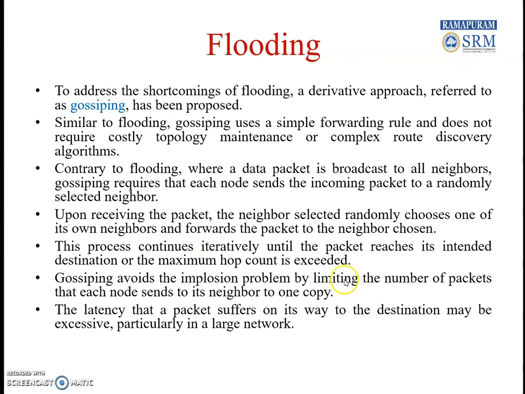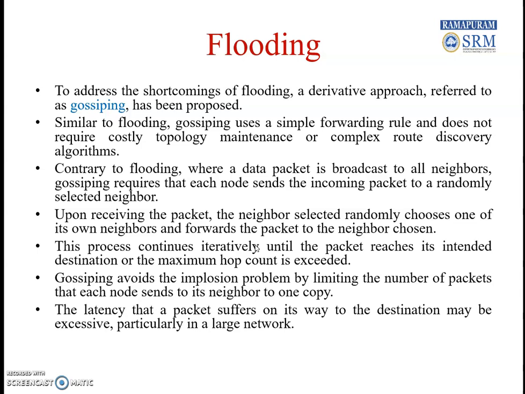And to overcome this, gossiping is used. Gossiping is a simple forwarding rule and does not require costly topology maintenance. Contrary to flooding, where a data packet is broadcast to all its neighbors, gossiping requires that each node sends the incoming packet to a randomly selected neighbor. So instead of flooding the data packet to all its immediate neighbors, it randomly selects a neighbor and sends the packet.